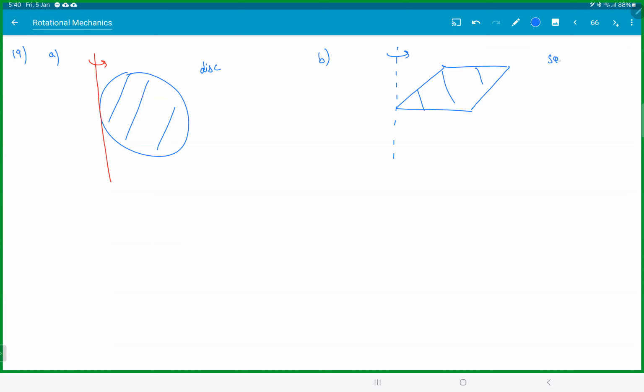Square plate about this axis. Mass m, side a.